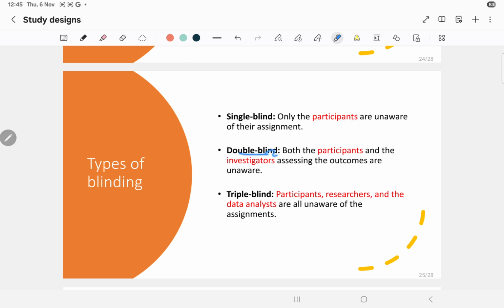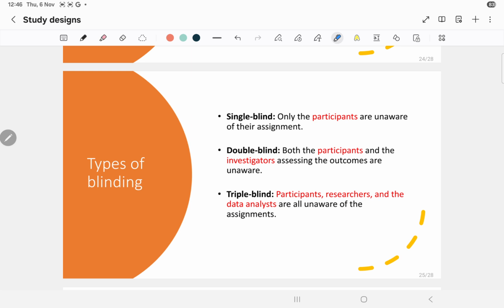In double blind studies, participants and the investigators, that is healthcare providers or researchers, are unaware of the treatment being given to the patients. In triple blind, participants, researchers, and data analysts are all unaware of the assignments. So if it is triple blind, everybody is unaware, there is very little chance of bias.